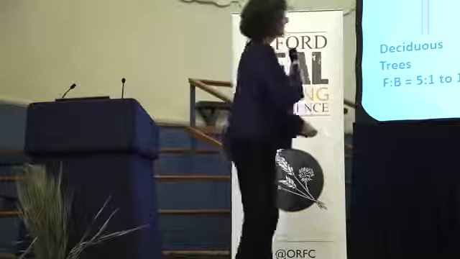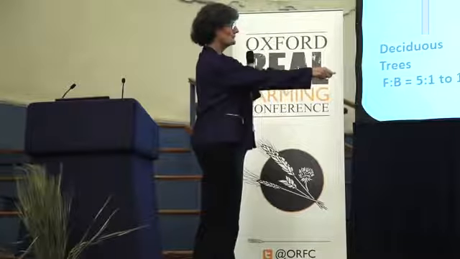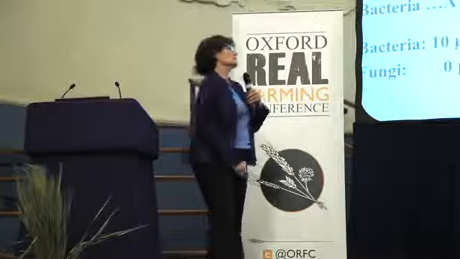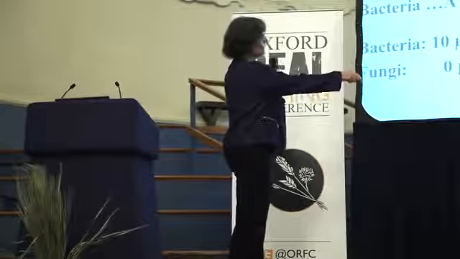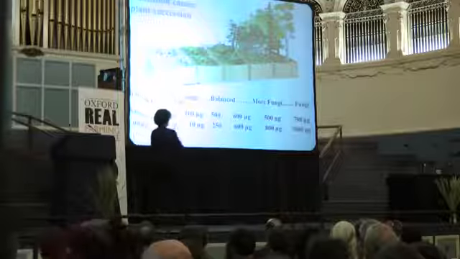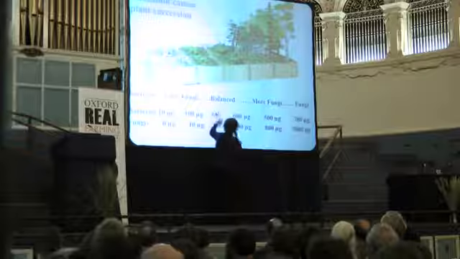How about another? Potatoes. So typically the potatoes are going to be right in here, slightly on the bacterial side. Let me go back. So our potatoes right in between these two. Does that work better? Okay.